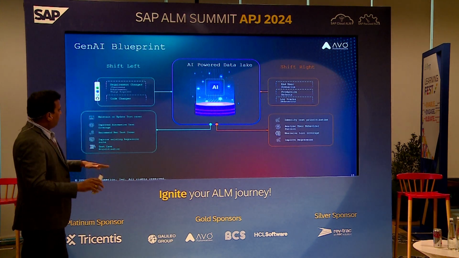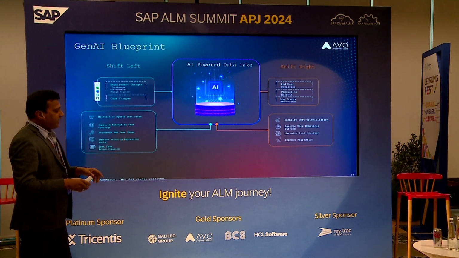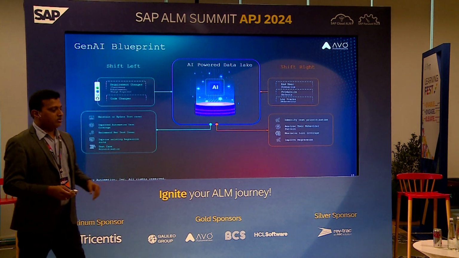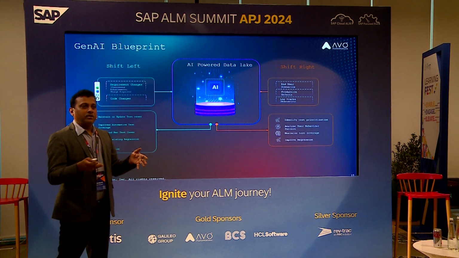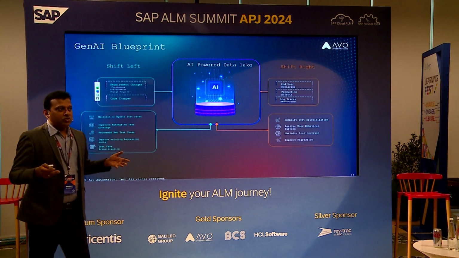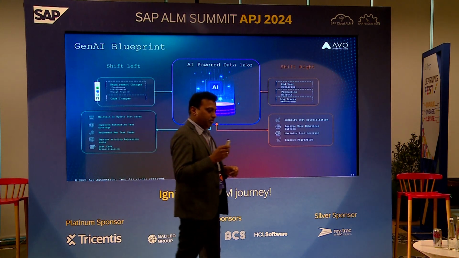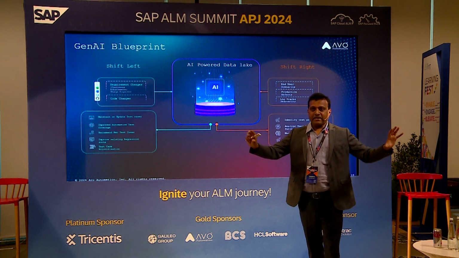Next, this is on the blueprint level. Some of it might be repeated, but I just want to give a very high-level compilation. In an agile world, shift left and shift right, everyone knows that. But a lot of data is already sitting in some form. So Avo, as a platform, wants to create a knowledge, AI-powered data lake. What I mean by this is it understands the entire ecosystem.